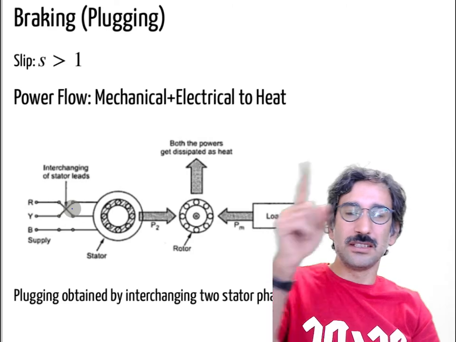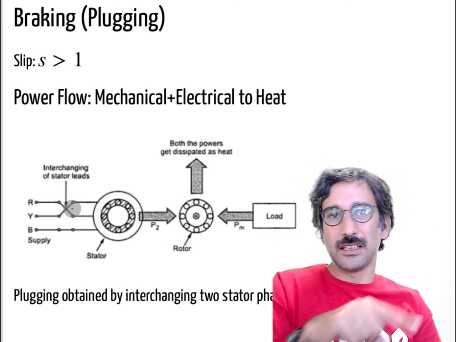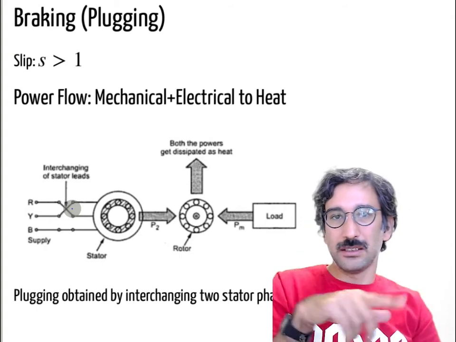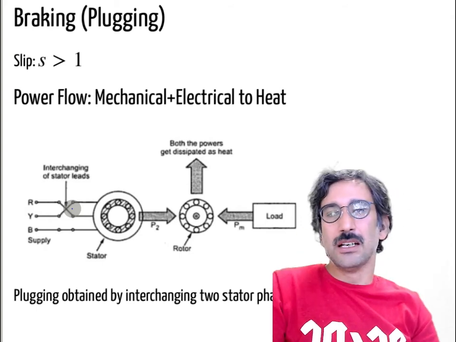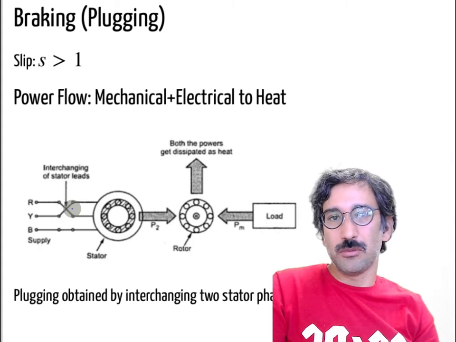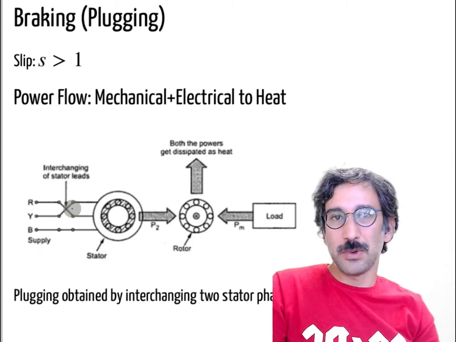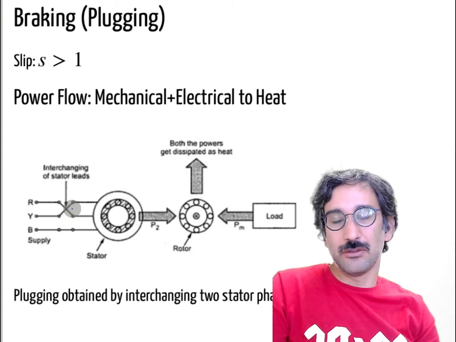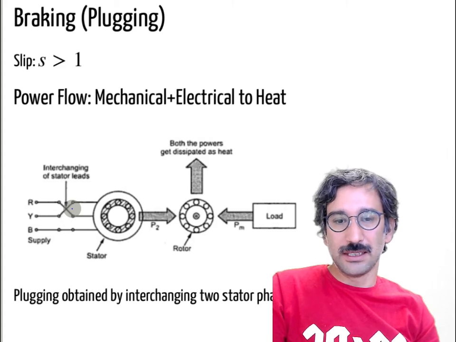So instead of the MMF rotating in the counterclockwise direction, you can make it rotate in the clockwise direction. Changing these two terminals is the easiest way for an induction machine, or actually for synchronous machines as well, to rotate in the opposite direction.